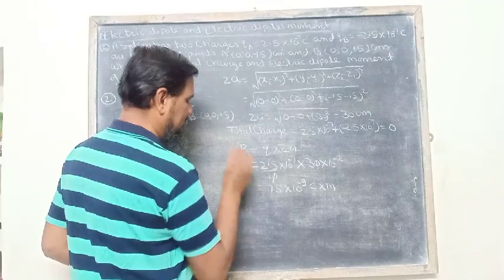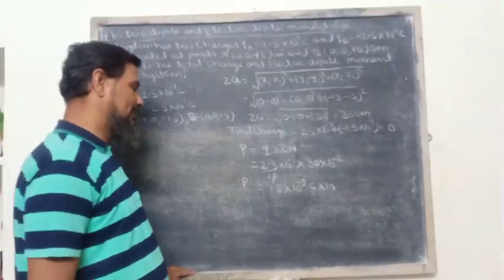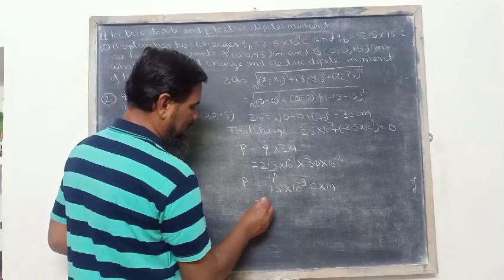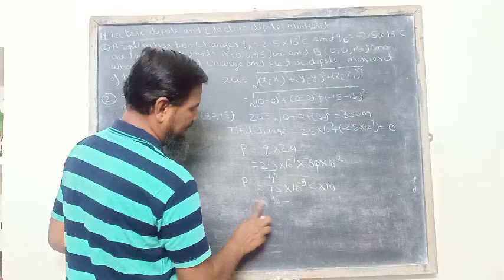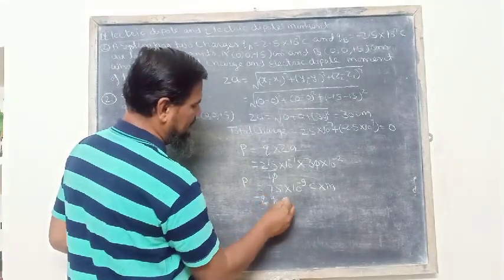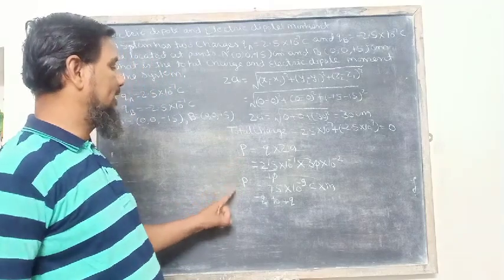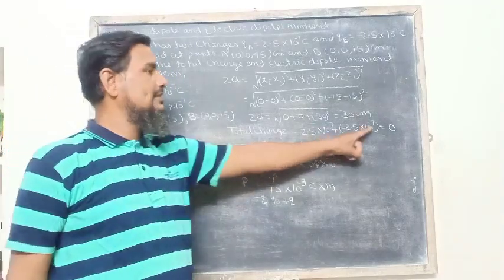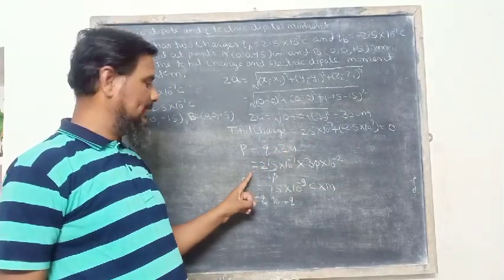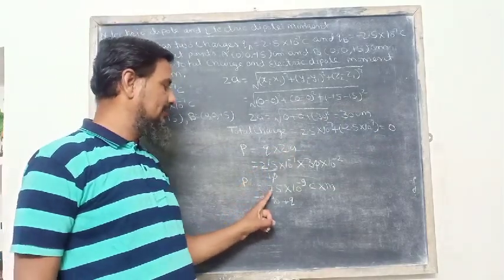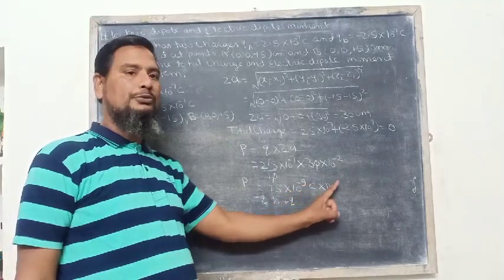This is the electric dipole moment of the system, and its direction will be from minus Q to plus Q charge. So the total charge of the system will be 0, and the electric dipole moment is 75 into 10 raised to the power minus 9 coulomb meter.